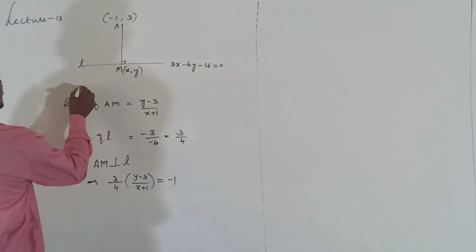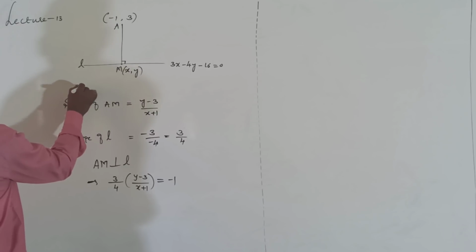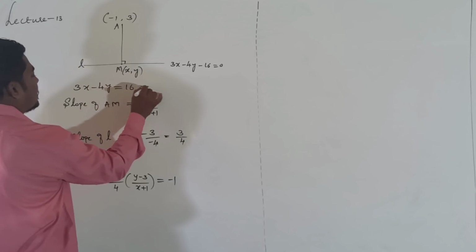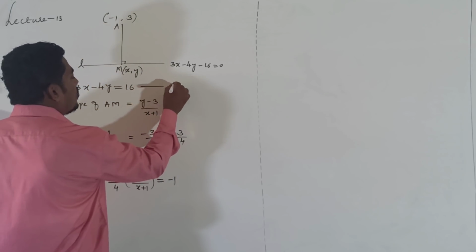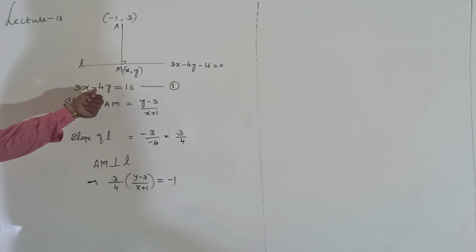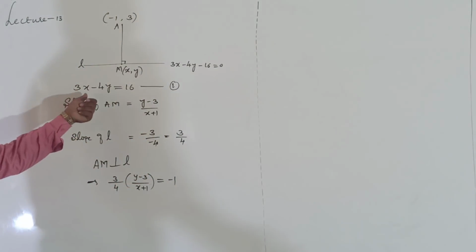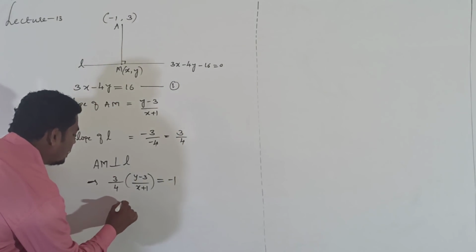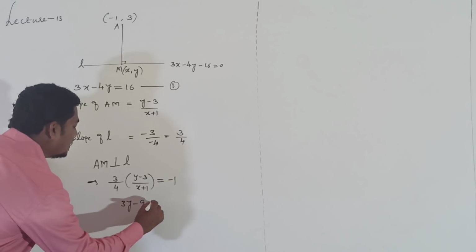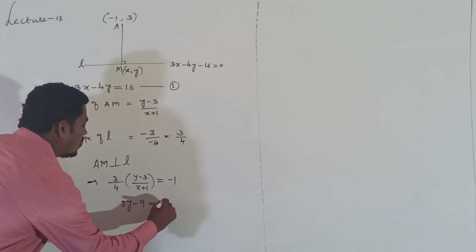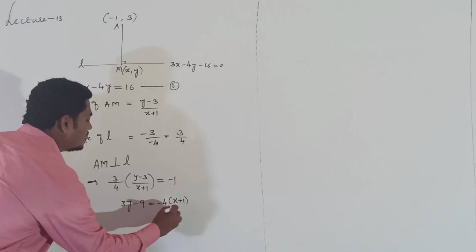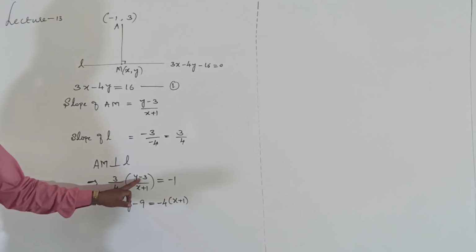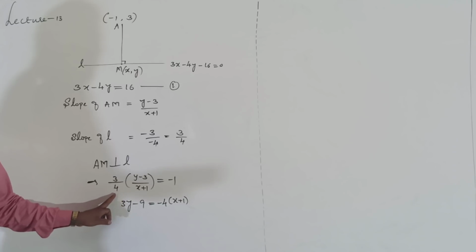Take the given equation as equation number 1. I will take 3x minus 4y equal to 16. Take this as equation number 1. Now simplify, then it will be 3y minus 9 equal to minus 4 into x plus 1. Just cross multiplication: 3 into y minus 3 is 3y minus 9, then 4 into x plus 1.